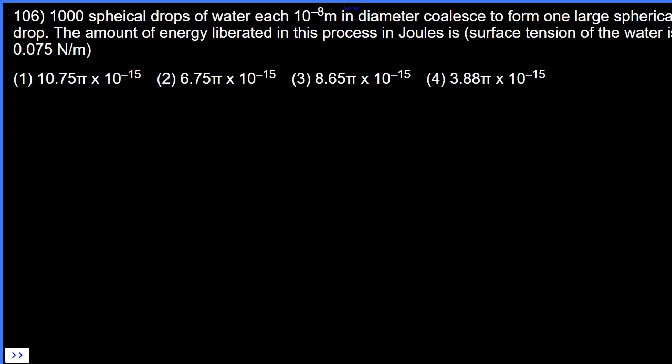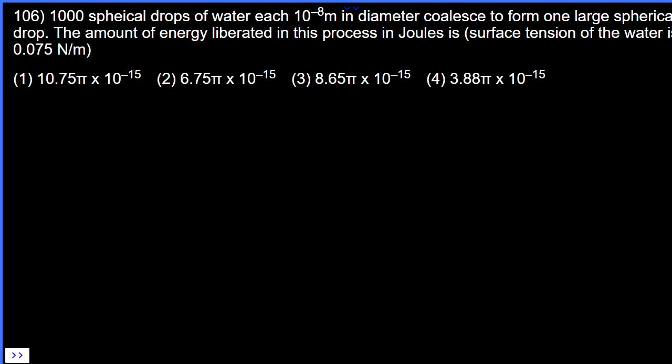Problem number 106. 1000 spherical drops of water, each 10 power minus 8 meter in diameter, coalesce to form one large spherical drop. The amount of energy released in this process in joules is, given that the surface tension of water is 0.075 Newton per meter.